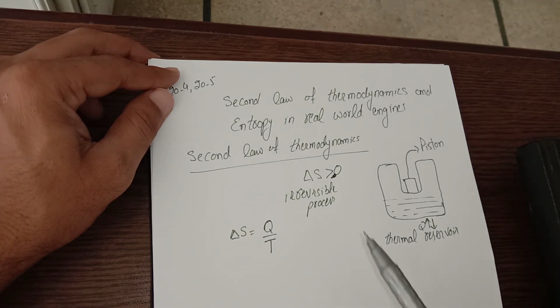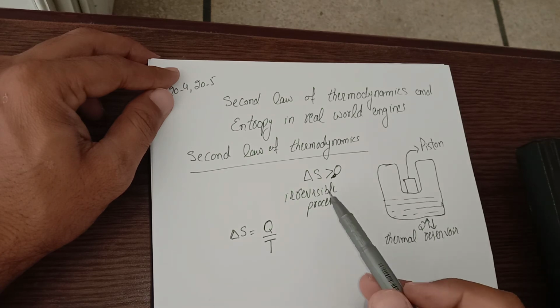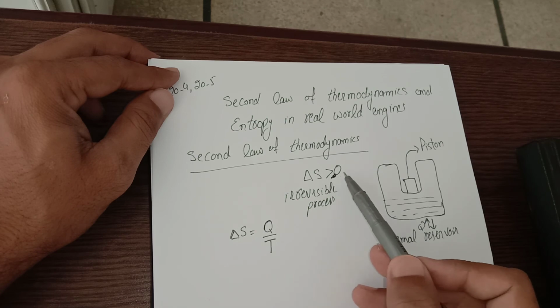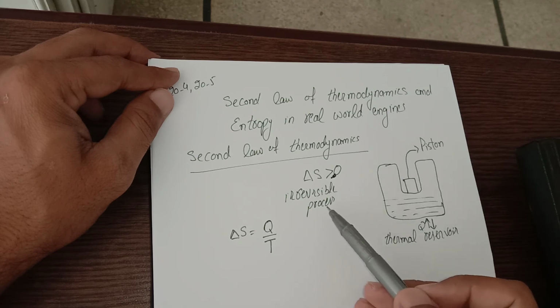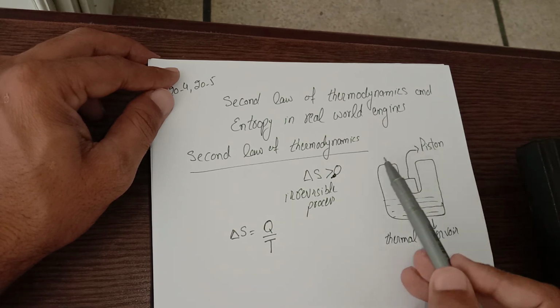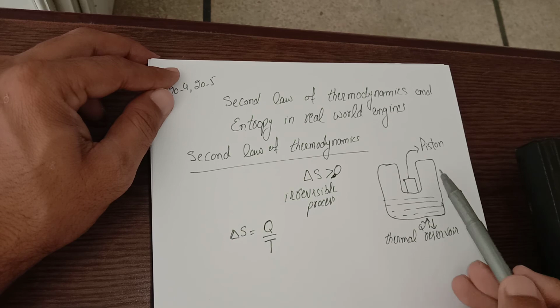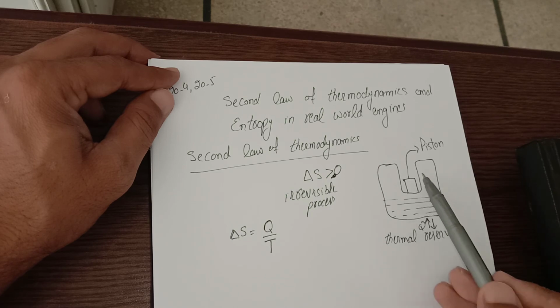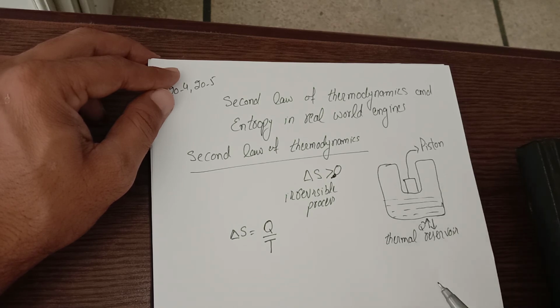Another thing that we need to look at is that I gave this definition of delta S greater than zero for an irreversible process. It was a closed system. Does this whole system, reversible system, represent a closed system? No, it is not, as the container is something different and thermal reservoir is something different. So it is not entirely a closed system.